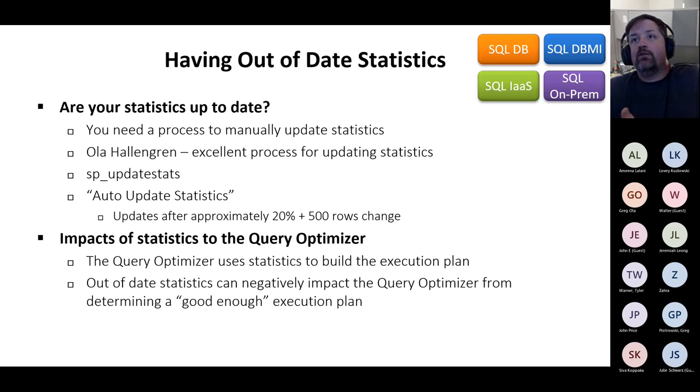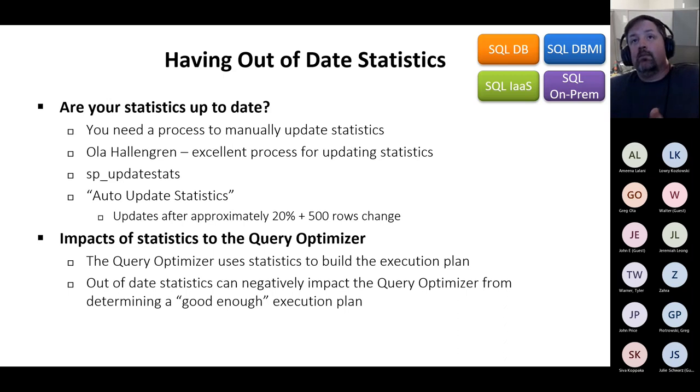Think of if you had to make decisions today based on knowledge you had 2 years ago. Are you going to make the best call? It depends, but probably not. It's no different here. The optimizer is only human. It's code written by people. So we need SQL Server to have as up-to-date information as possible to generate better execution plans, and we do that by making sure our statistics are up to date.